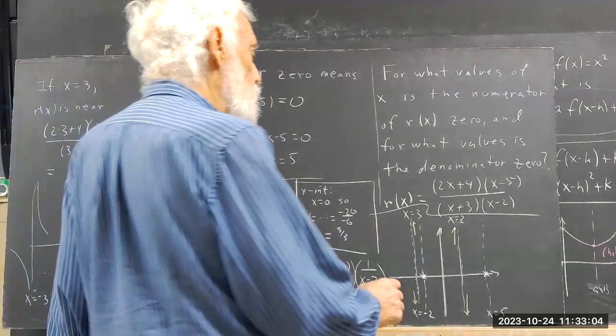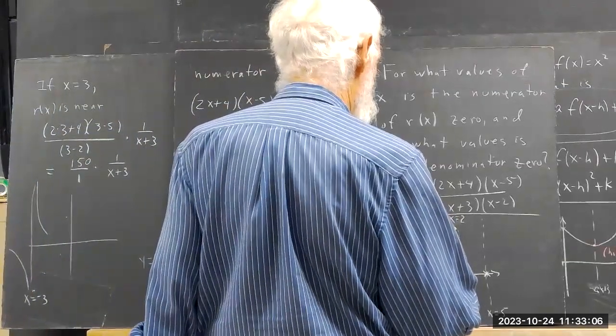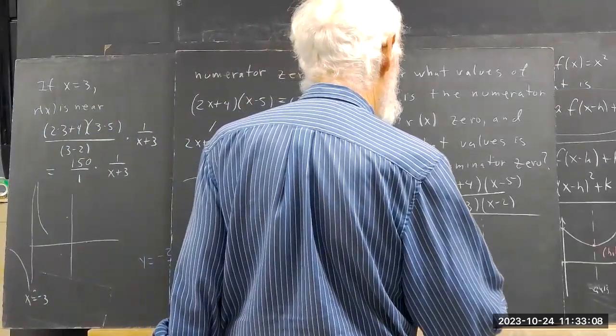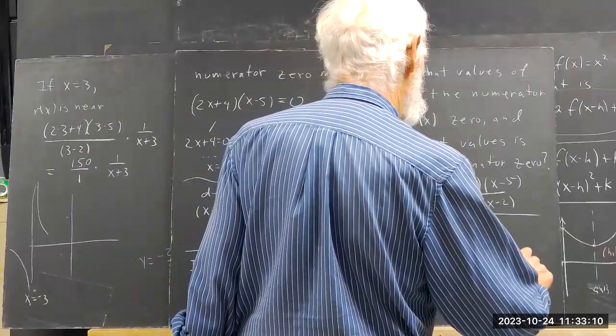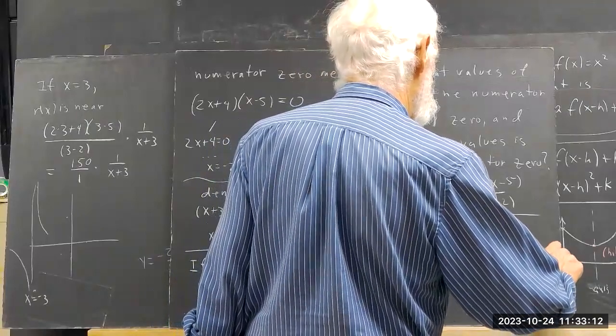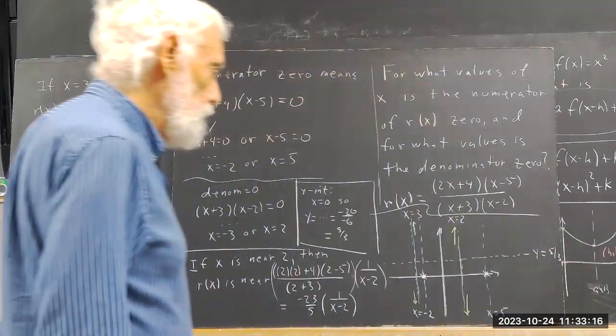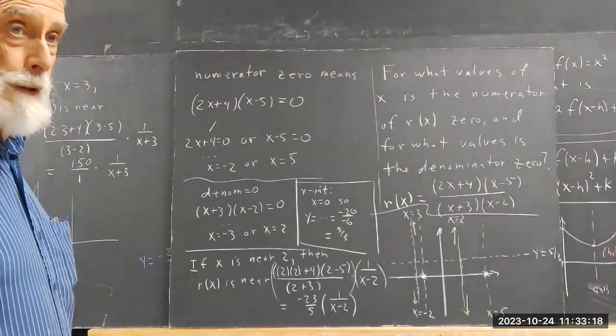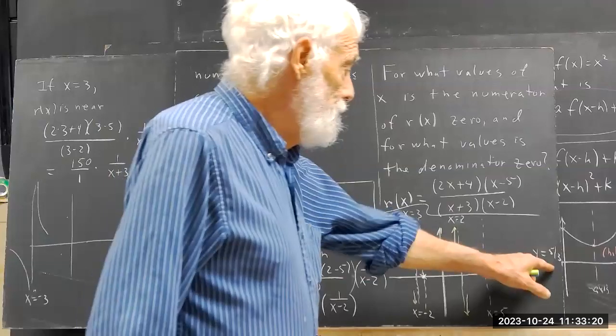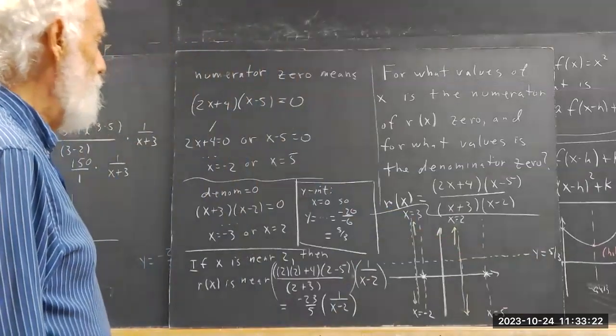Okay, so now we know where the y-intercept is. It's at y equals 5/3, which is approximately 1.7. So now we have y equals 5/3 on our graph.